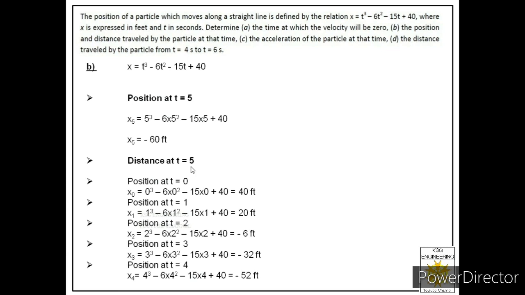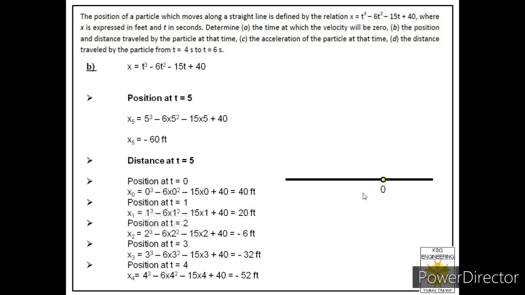For that, what we need to do is draw a line, and we will mark the origin on that line. Now we will label these positions on this scale. At t equal to 0, the particle was at 40 feet from origin. Towards the left of origin is the negative side, towards the right of origin is the positive side.